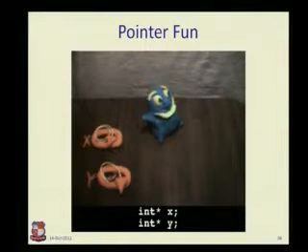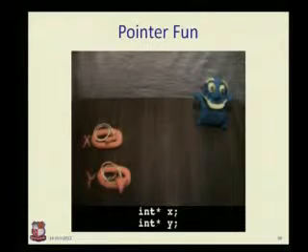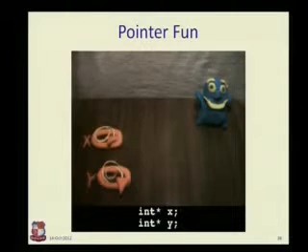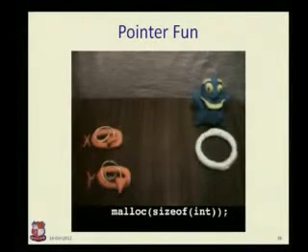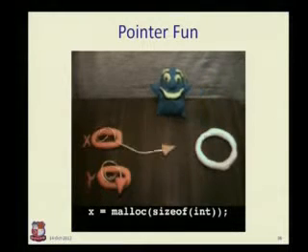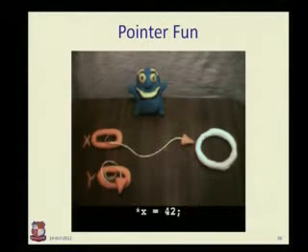The things they point to are called pointees, and setting them up is a separate step. Oh, right, I knew that. The pointees are separate. So, how do you allocate a pointee? Okay, well, this code allocates a new integer pointee, and this part sets x to point to it. Hey, that looks better. So make it do something. Okay, I'll dereference the pointer x to store the number 42 into its pointee.